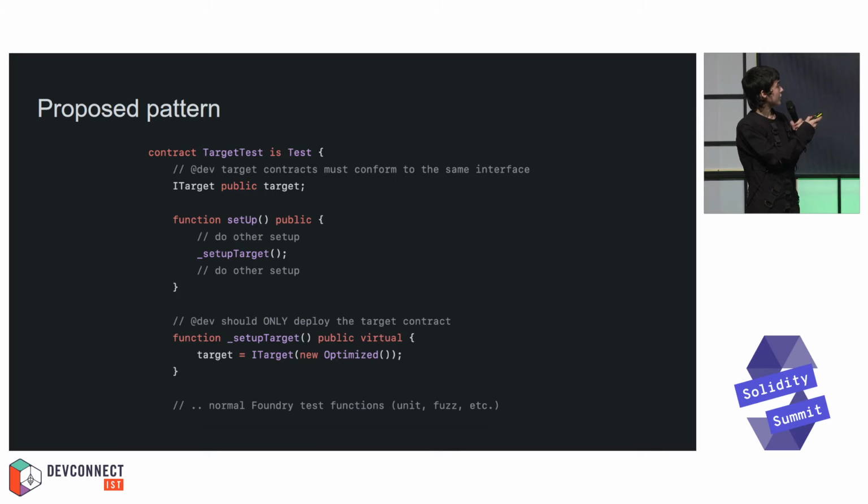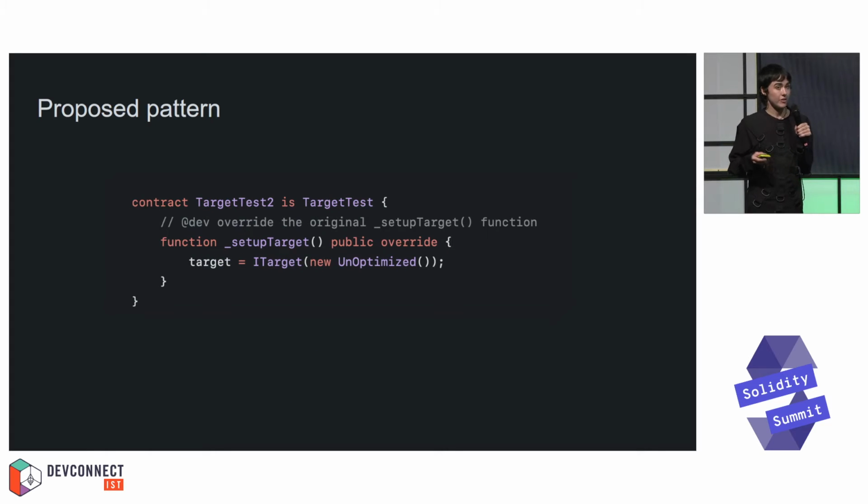The only thing to note here is that I've extracted this helper function that deploys the target contract and made it a virtual function. So yeah, your existing test suites probably already look like this. If not, you could refactor them in 10 minutes probably to look like this.